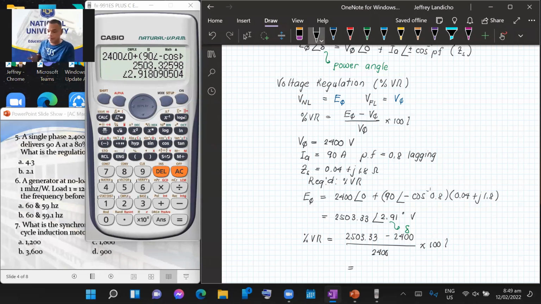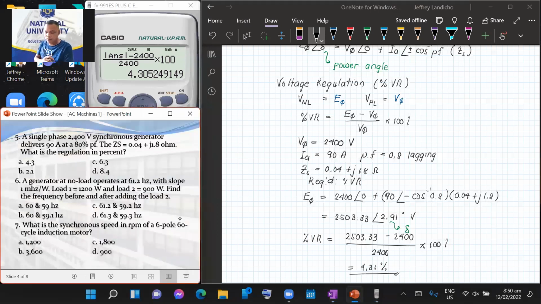So that should be the answer: 4.31%. That is what we found, 4.3 will do. Which letter? This should be the first choice.